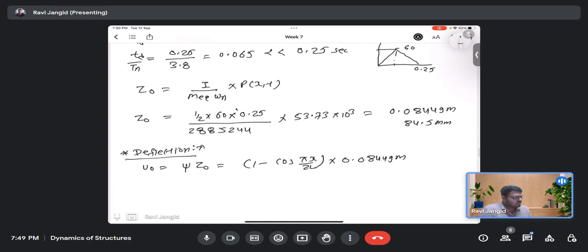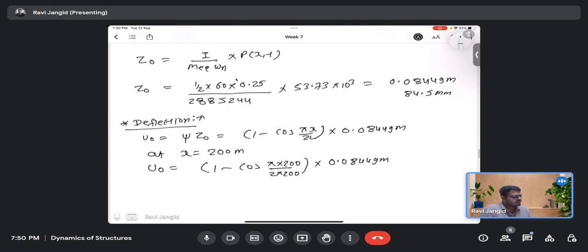So at the top, at x equal to 200 meter, my u naught would be 1 minus cos of pi into 200 by 2 into 200, so that will be 1.